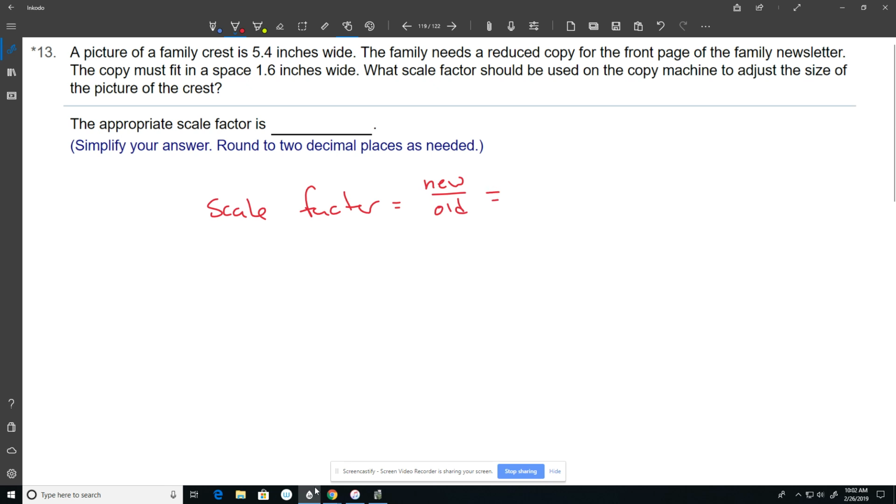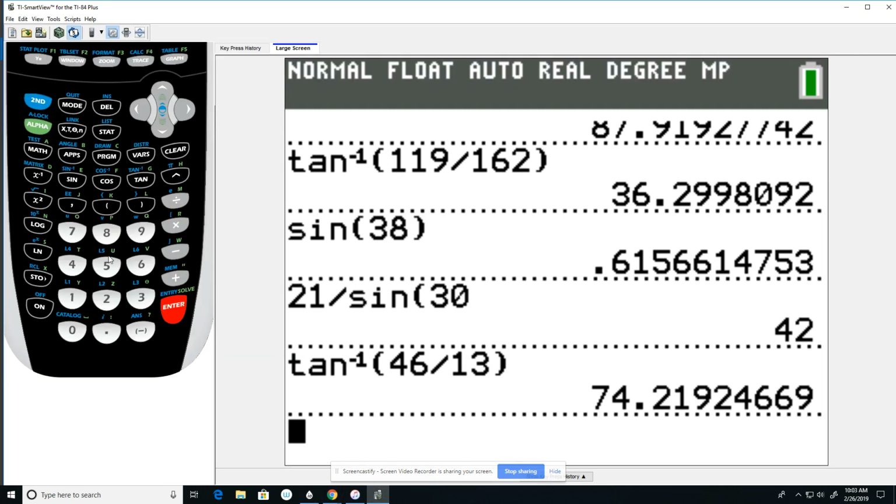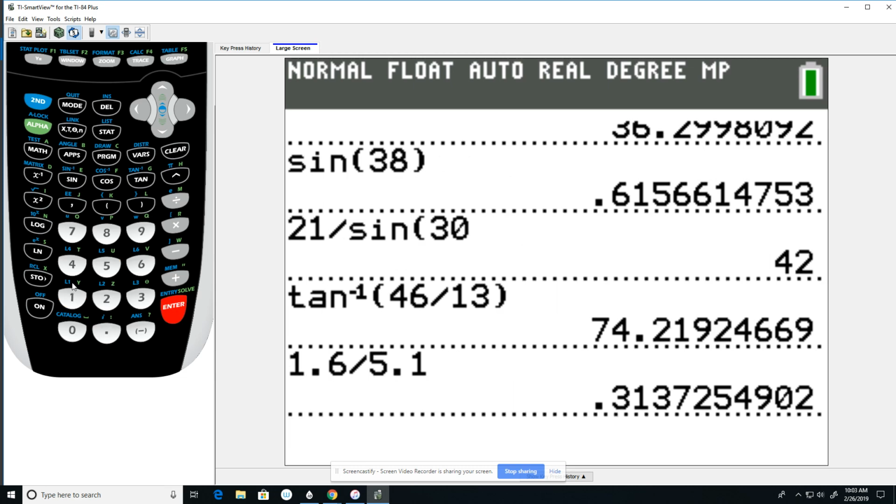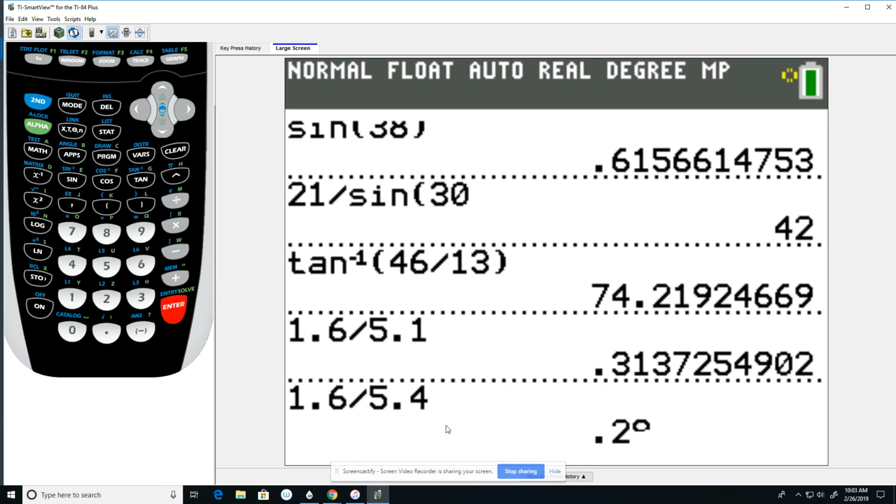And I want my new image to be 1.6. My old image is 5.4. And it wants me to round to 2 decimal places. So we're going to do 1.6 on top divided by 5.4. Not 5.1, 1.6 divided by 5.4.